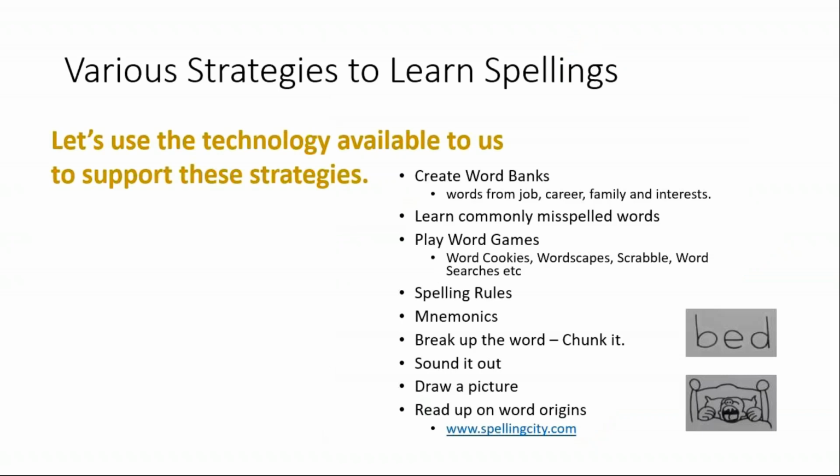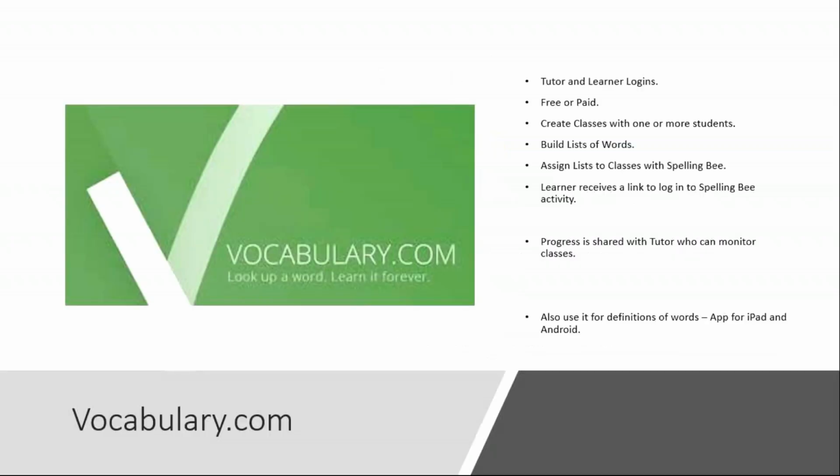We're all very familiar with various strategies for learning how to spell, and we're not going to go into those today, but look at some of the technology that's available to us for free to support those strategies. One I've been using recently is Vocabulary.com. It's not perfect, but it works nicely.